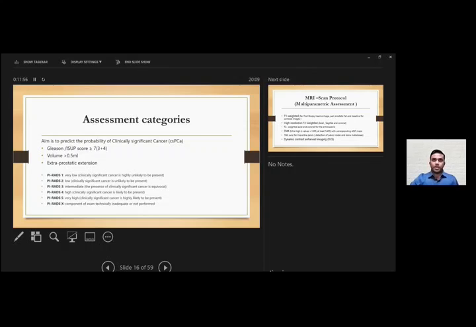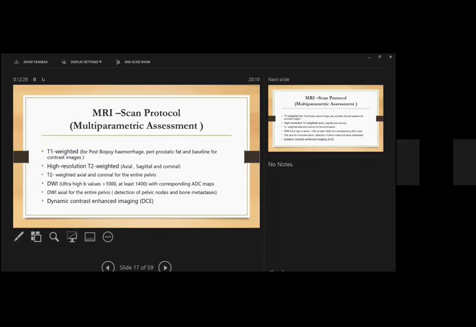So as I had earlier mentioned, clinically significant cancer is Gleason or ISUP score of 7 or greater, that is 3+4 or above, a cancer whose volume is greater than 0.5 ml, or if there is extraprostatic extension. PIRADS staging categories start from 1 to 5, 1 being a very low clinical probability of significant cancer, and 5 being a very high probability of clinically significant cancer.